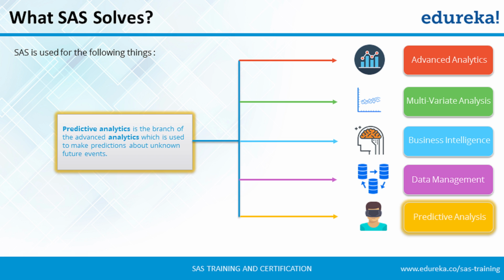And on this model, you feed in the new data or the new decisions that you want to make, before actually making them. This model then predicts a conclusion, what will happen, based on the past trends. So this kind of analysis is called predictive analysis, and SAS can do that for you as well, right? So these are the things that SAS can actually handle.